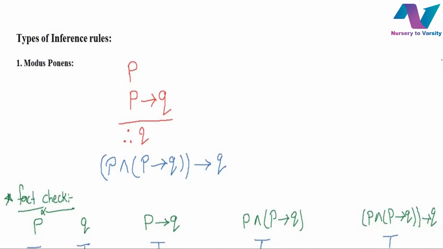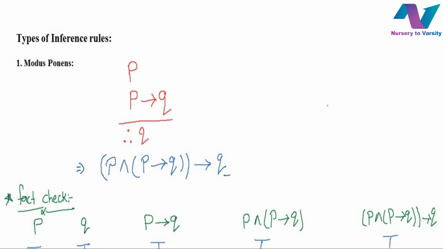In modus ponens, the form is P implies Q, P, therefore Q. We can write this in tautology form with the help of the and connective between the premises and implication to the conclusion: (P and (P implies Q)) implies Q. So if statement P is considered true and P implies Q is assumed true, then in these circumstances we must accept Q is true.